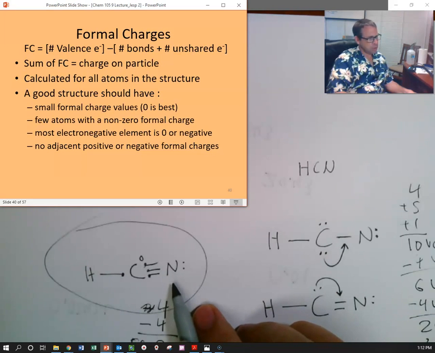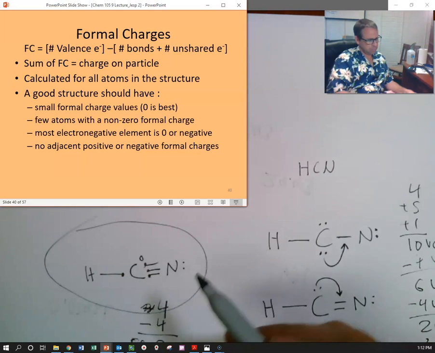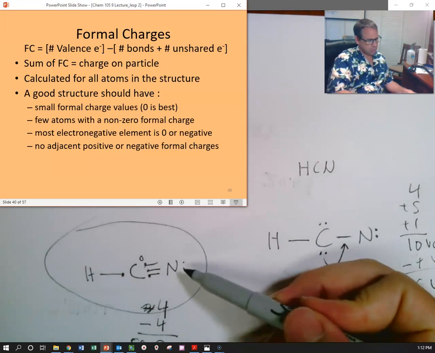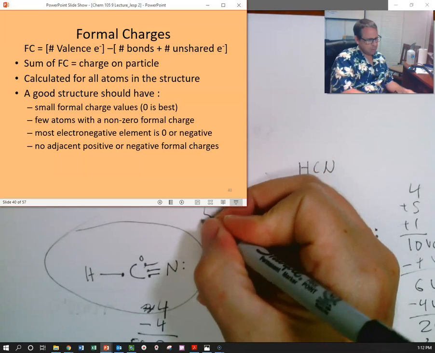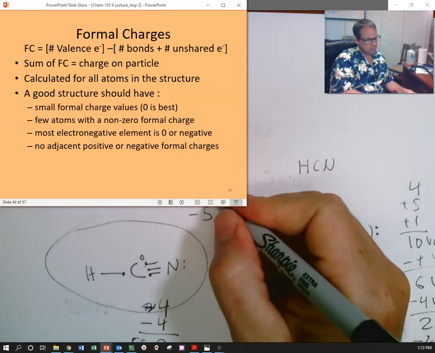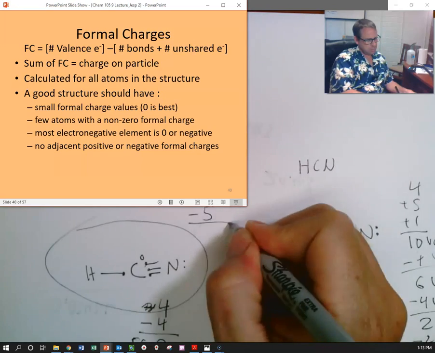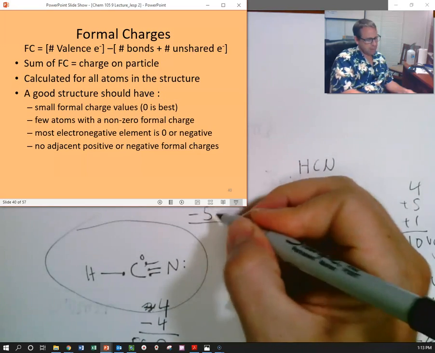How about the nitrogen? What's its formal charge? Does it have 5 right around it? That's right. 1, 2, 3, 4, 5. So how many did it bring to the party? 5. Yeah, so it brought 5 minus 5.